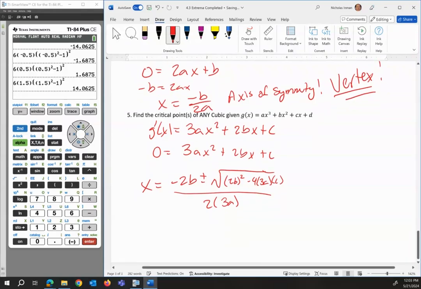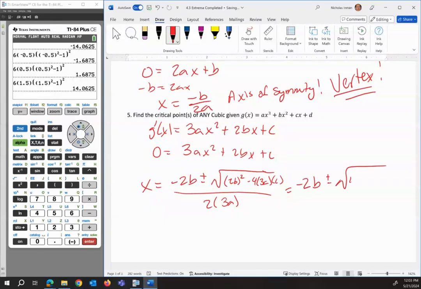So any cubic, to find these critical values, we would just use the quadratic formula. Now, in this case, I just wanted to write the quadratic formula. Not nearly as useful, not nearly as fun of a formula.